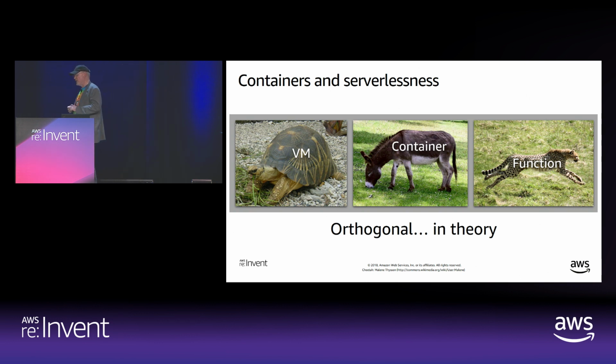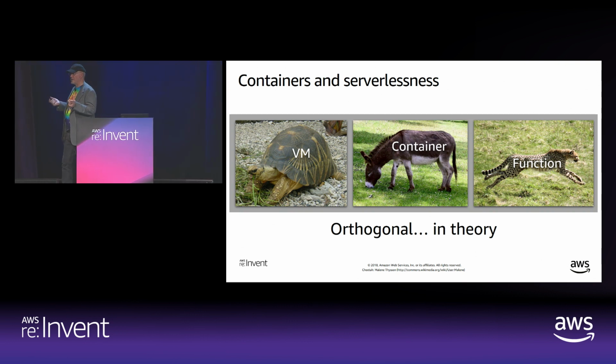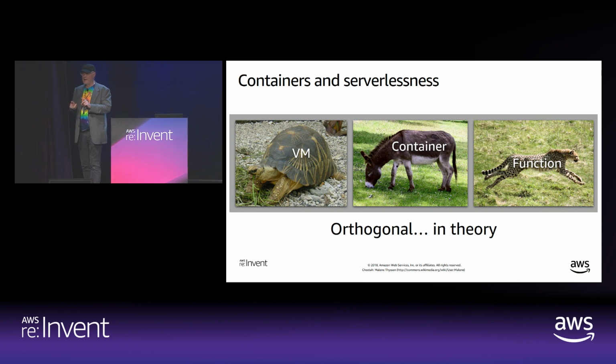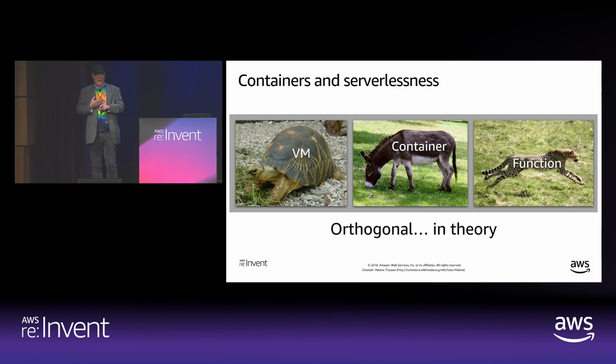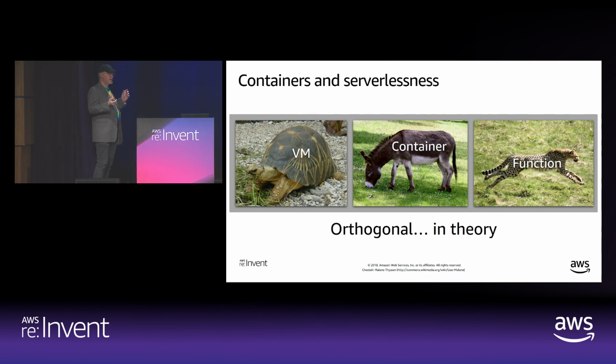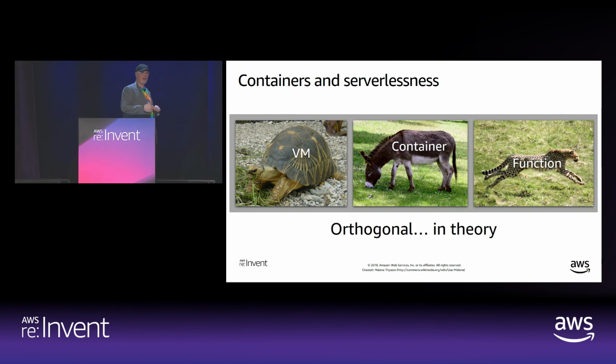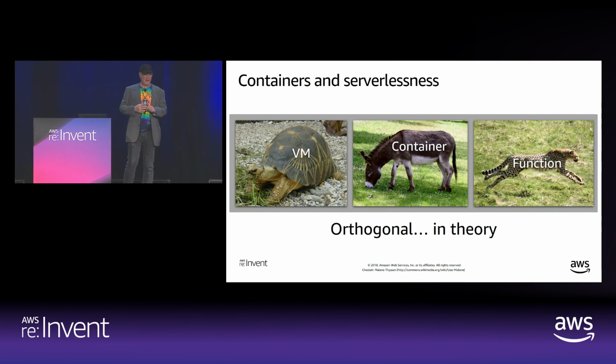And I envision a future in which you can get roughly the same kind of concurrency and latency characteristics out of VMs and containers and functions, and that's going to really change the world, because right now, people tend to choose between these things based on how fast they want to be, as opposed to the underlying technical characteristics. And so maybe in the future, we're going to be able to pick which way we want to deploy our compute simply based on which one of these worlds it fits into better, as opposed to how fast we need things to start. So I'm looking forward to that, and I think that's going to be great fun.